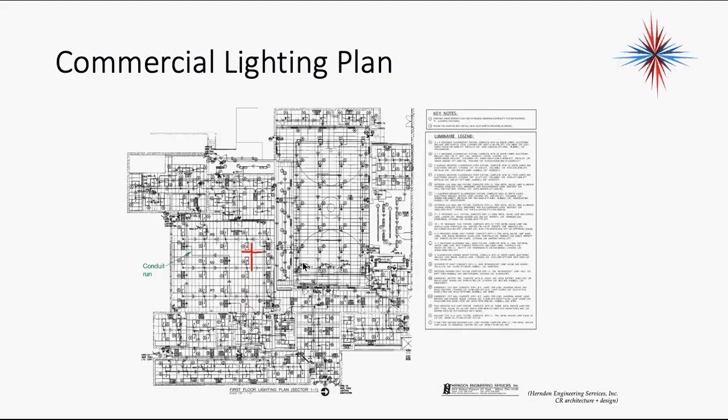Fortunately, you don't have to be the one wiring this. The only reason you want to know where the lights are is you need to know where you're going to put your supply and return ducts, because you can't put your supply duct straight across all the lights that are coming across the ceiling. So commercial electrical plans basically just tell you where the light fixtures are.